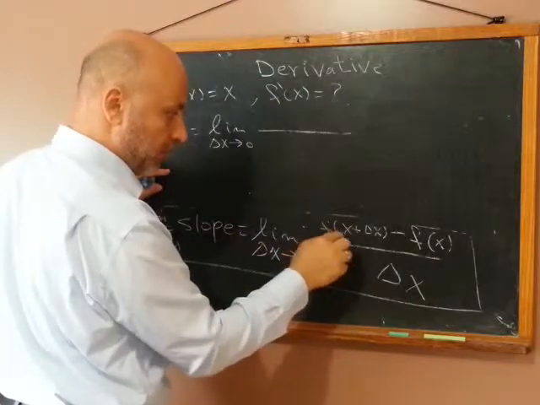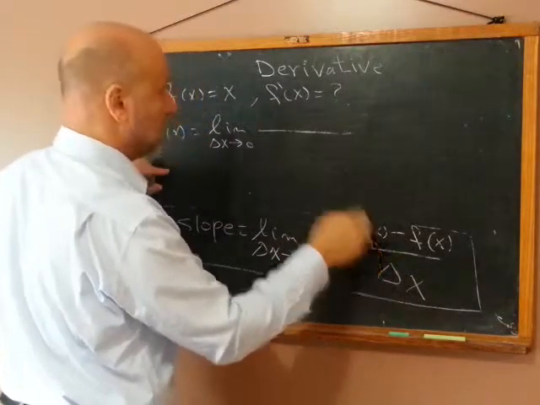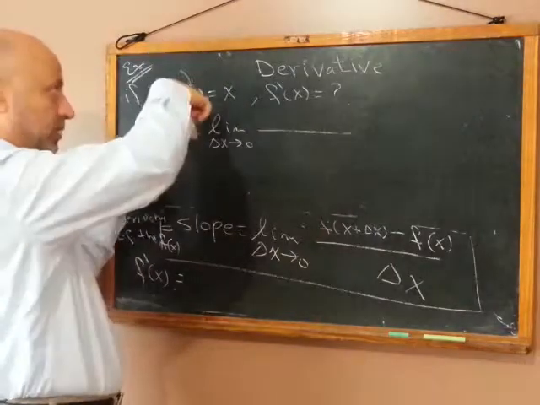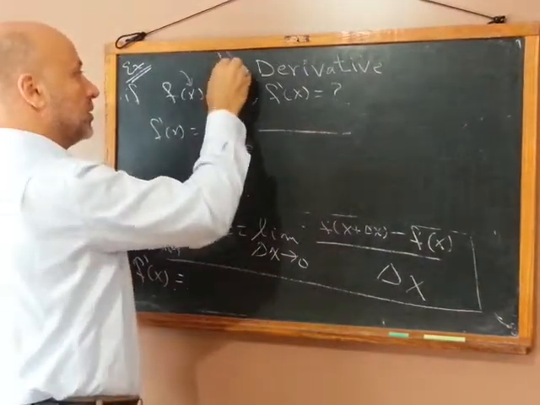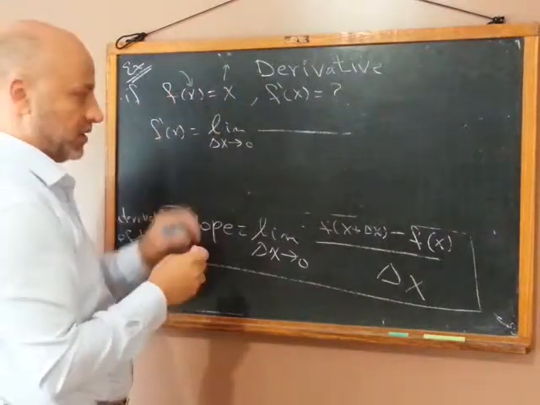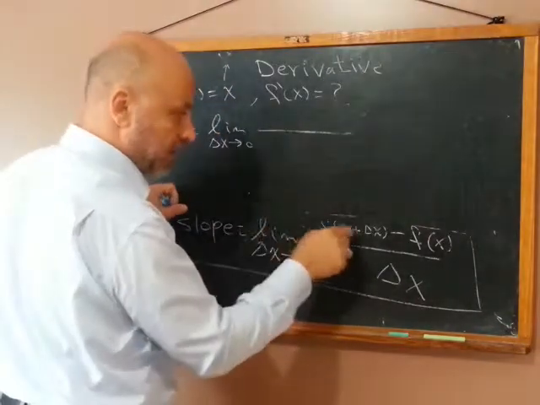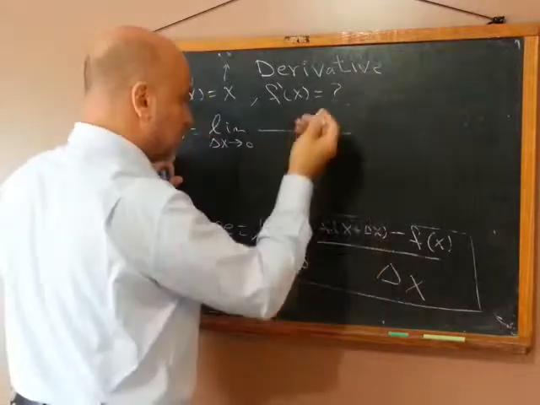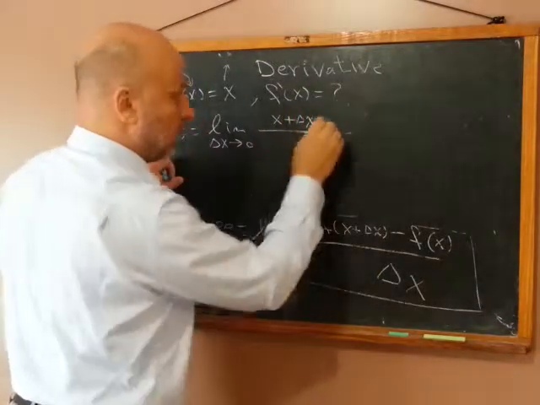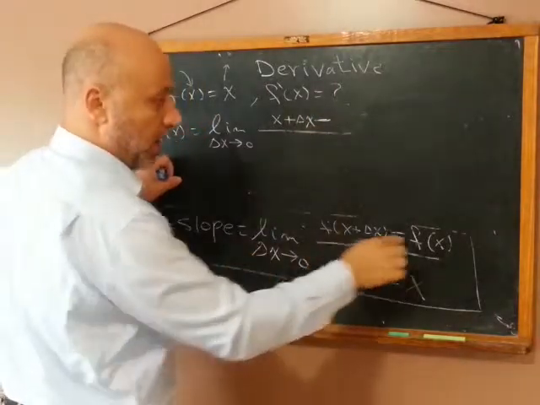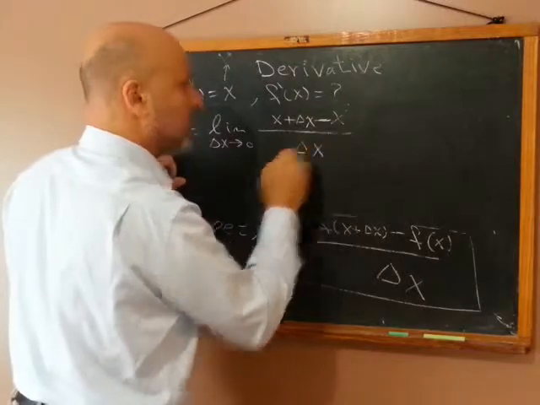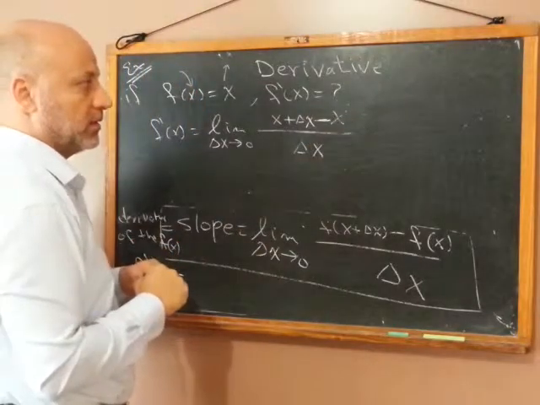and then let me substitute f of x plus delta x. See, this function, whatever the input, the output will be the same. 3, 3, 5, 5, negative 10, negative 10. Then f of x plus delta x is just x plus delta x. Minus f of x is just x. Here we have delta x, right?